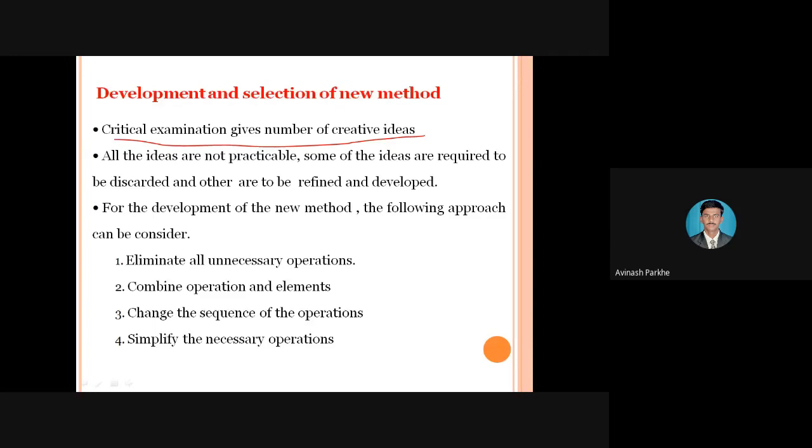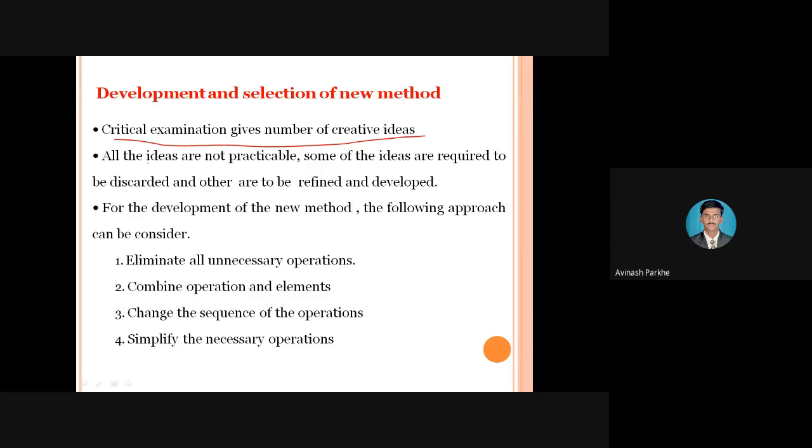Some ideas can be directly accepted, no problem. In some of the ideas, we have to go for the modification. Some of the ideas we can directly reject. So if I have to select and implement a particular idea, which steps do I have to follow? Those steps can be represented by using this chart.